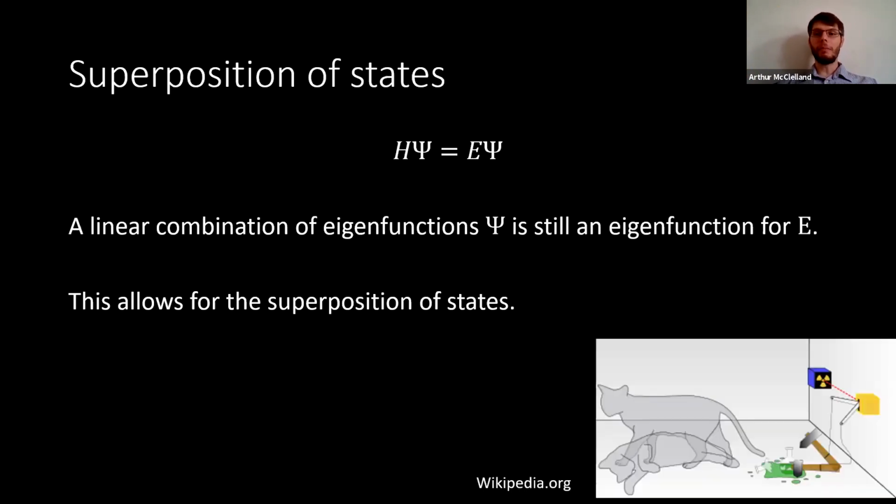This is what bothered Schrodinger, and he made this paradox about the cat being alive and dead at the same time. How can you have a superposition of states? How can the system be in multiple states at once? And coming out of the math it says, yes, a linear superposition, a linear combination of eigenfunctions is still a valid solution.